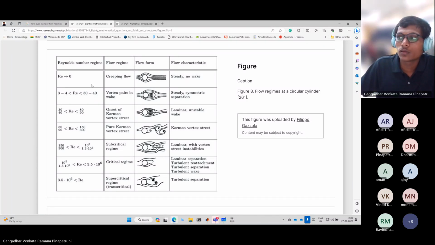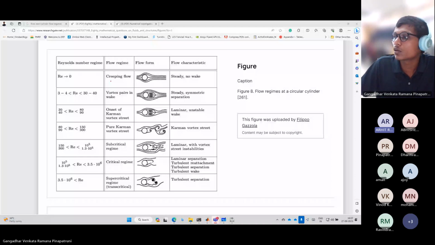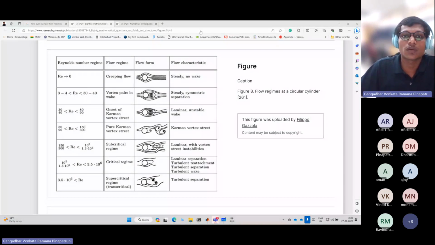So now, just a second. Okay, so here we have a Reynolds number of approximately 0. It is not exactly 0. Is it still visible? No, sir, it is not visible now. This is the problem I have.